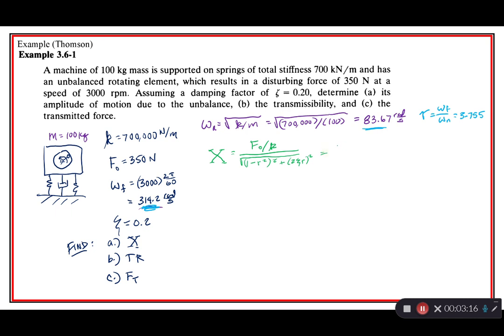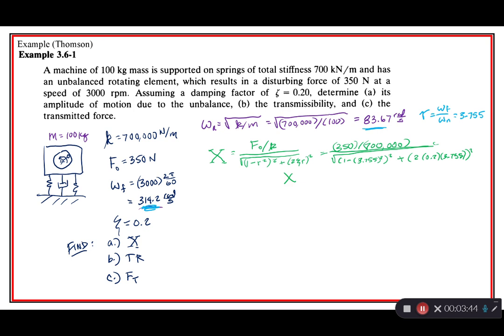So we have our 350 divided by our 700,000 divided by the square root of 1 minus 3.755 squared plus 2 times 0.2 times 3.755, whole thing squared.